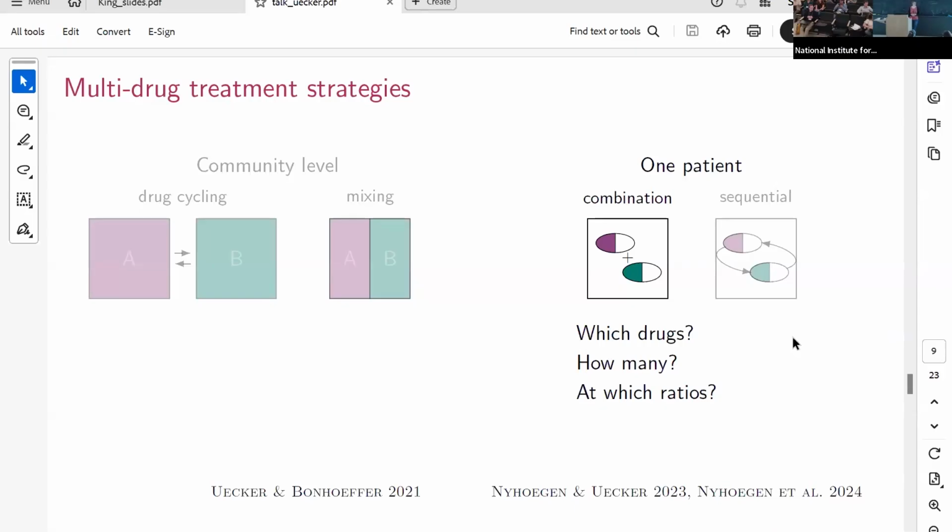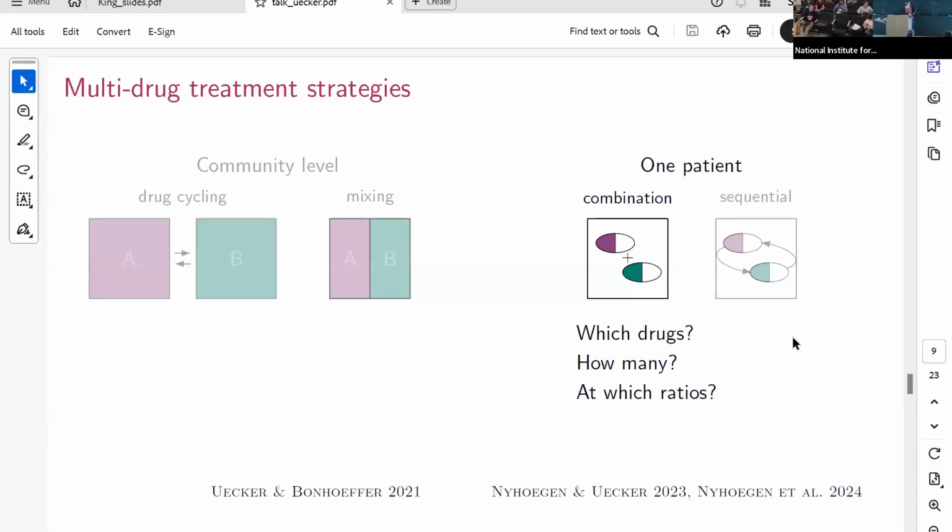And there are these examples of tuberculosis and HIV where we know that this is a really good thing to do. But nevertheless, it's not clear whether it's always the best treatment option. And also, there are so many options of how to combine different drugs. Which drugs do we take? For example, with the mode of action, what I showed before. How many drugs, 2, or do we need more? At which ratios, 50-50 or something uneven, and so on.